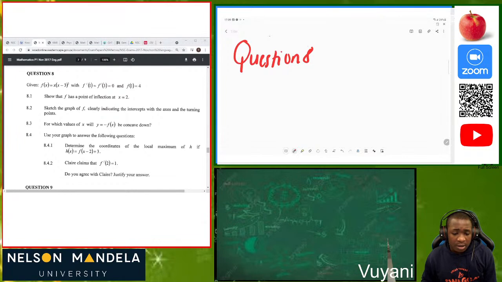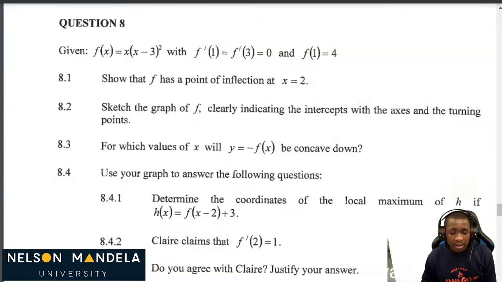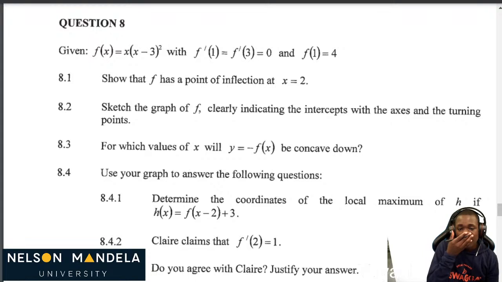On question 8, the question reads: given f of x is equal to x times (x minus 3) squared, with f prime of 1 equal to f prime of 3 equal to 0, and f of 1 is equal to 4. Wow, they've given us a lot of things here. When they say f prime of 1 is 0, that means it's a stationary point.